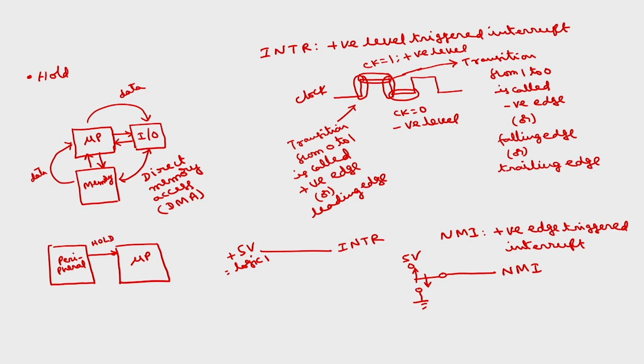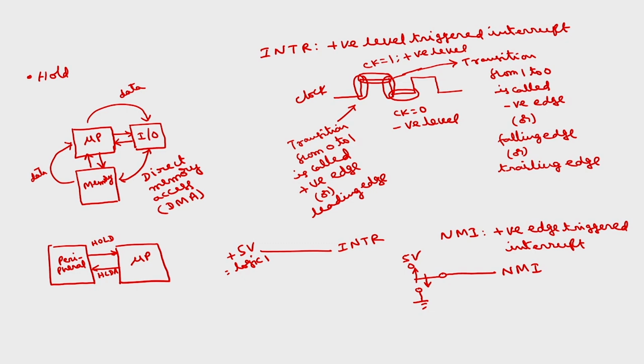The hold signal is a request for the microprocessor to hand over the control of the address and data buses to the peripheral for a DMA data transfer. Whenever the microprocessor is ready to give up the address and data buses, it will acknowledge through the hold acknowledge signal, HLDA. This is hold and this is hold acknowledge, HLDA.